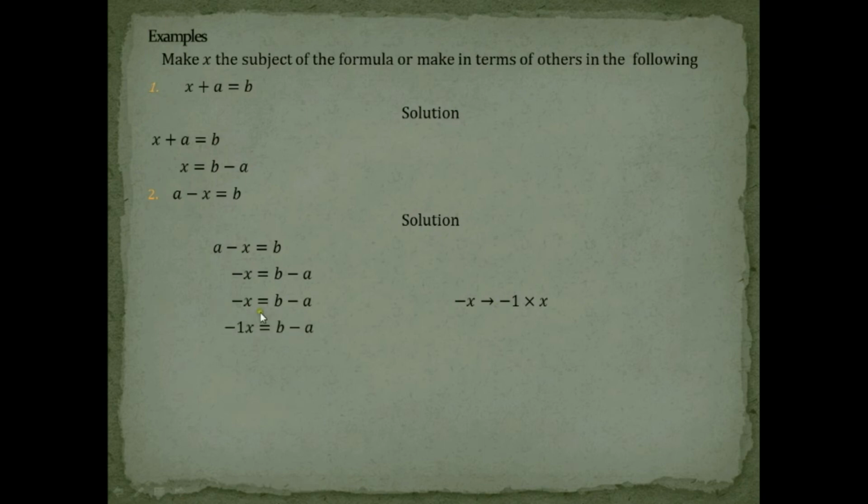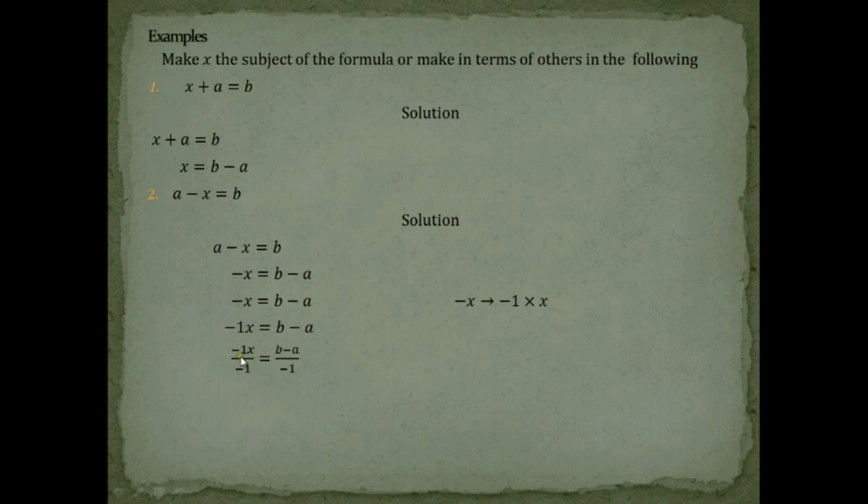So therefore, we have minus 1x, which is now equal to b minus a. Now, because we want to make x the subject of the formula, remember that this minus 1x means minus 1 times x, as you can see right there. So what do we do to both sides? I guess you know. What is multiplying x? So we divide both sides by minus 1.